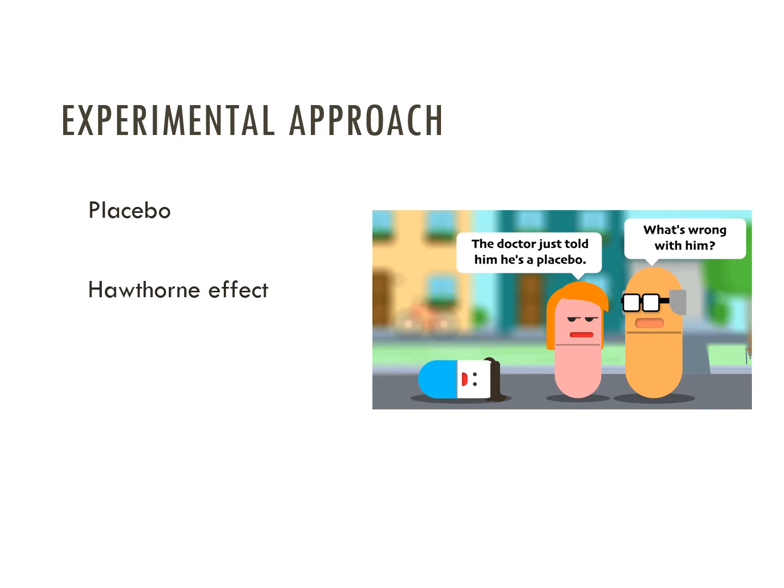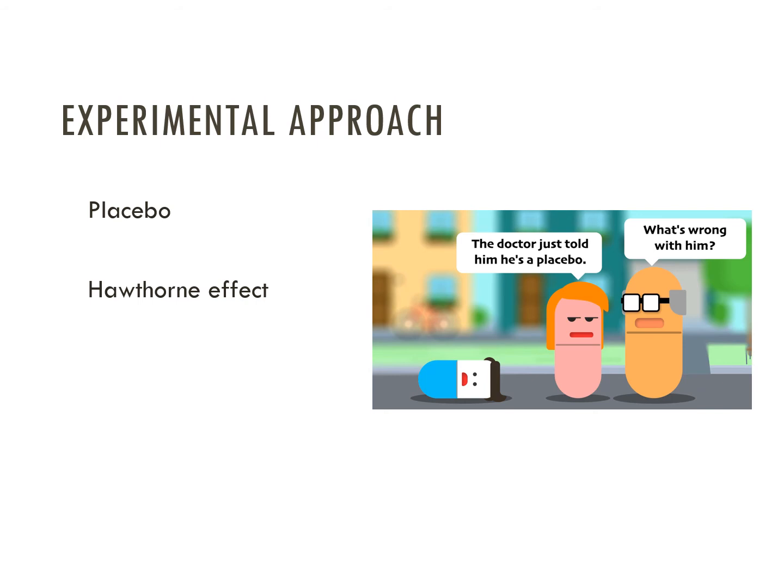And then the next portion here, they talk about the Hawthorne effect. This is a concept in research where you can't necessarily say that someone is behaving a certain way because of your intervention. It could just be that they are behaving a certain way because they're in a research study.